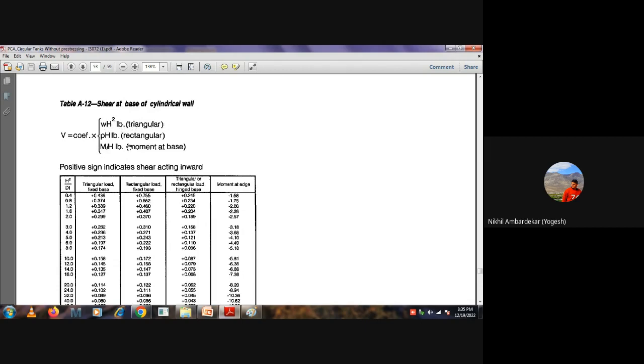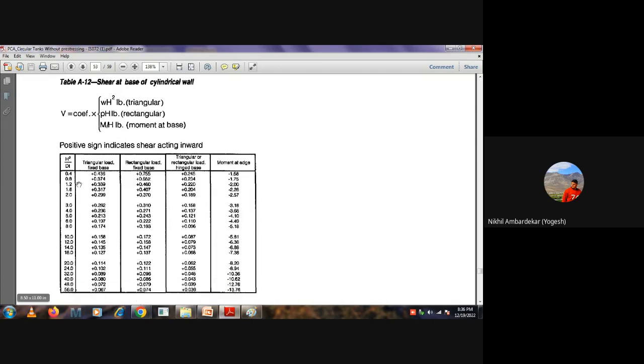If you have rectangular pressure, then coefficient into pH. And if it is subjected to a moment at the base, which we rarely use, then coefficient into moment divided by h. This case does not exist, okay. So we need to calculate for triangular and rectangular.